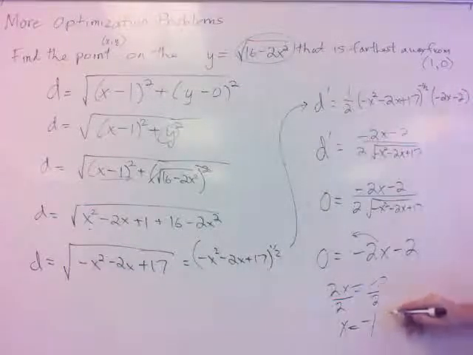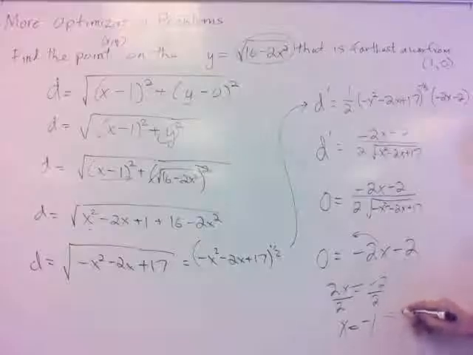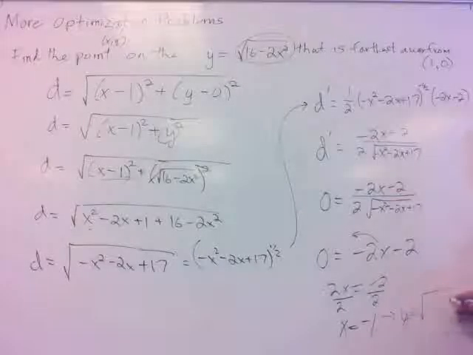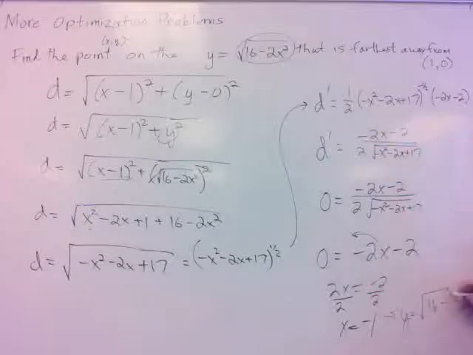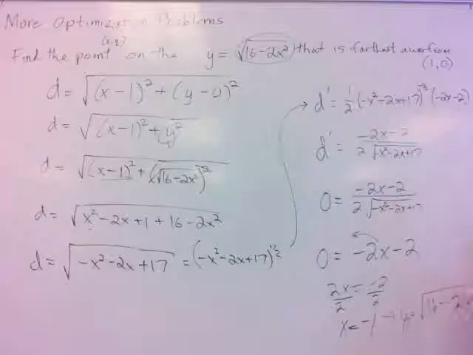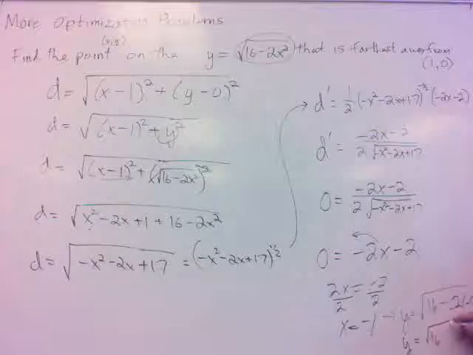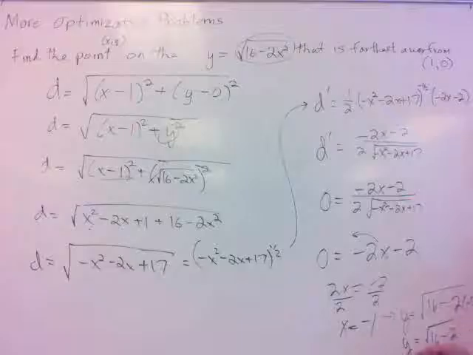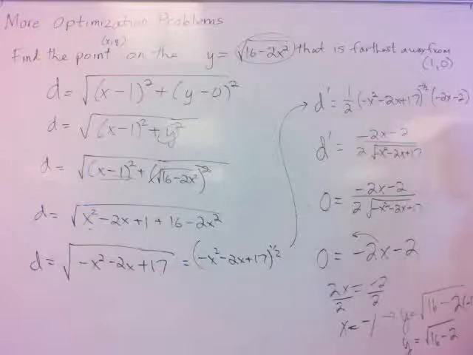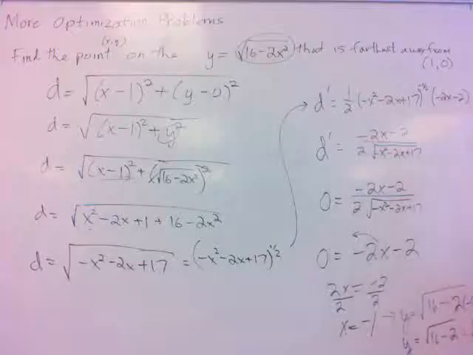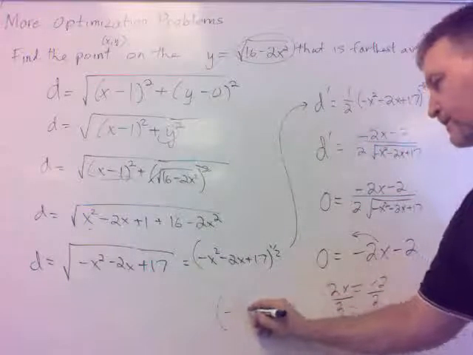So the y value would be the square root of 16 minus 2 times negative 1 squared, which would be the square root of 16 minus 2, square root of 14. So the point would be (negative 1, square root of 14).